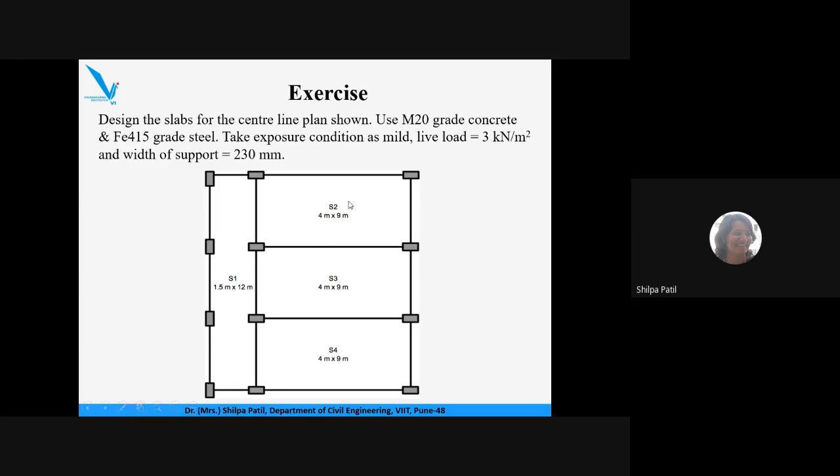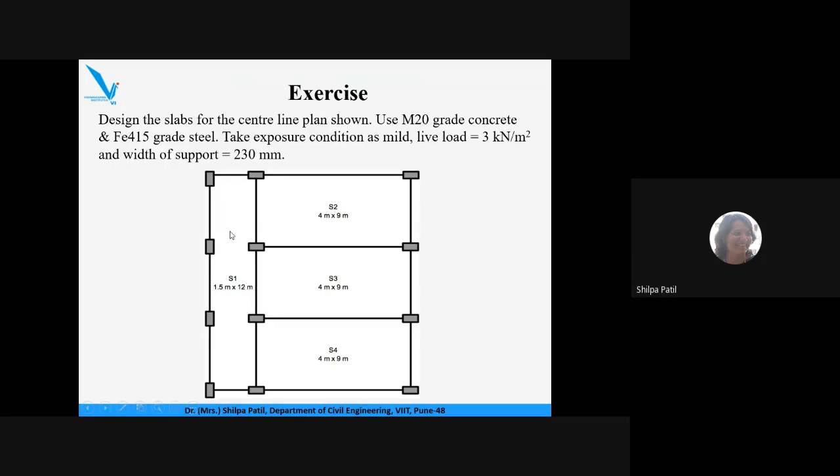If we come to the S2 slab, the dimensions of S2 slab are 4 by 9 meter, and if we consider again the ratio of Ly by Lx, that is 9 by 4, the value is again greater than 2. So S2 is also a one-way slab. The span of this slab will be again along the shorter span, that is along the 4 meter.